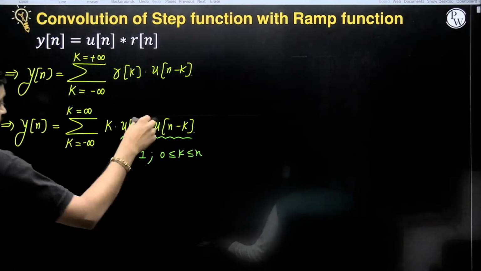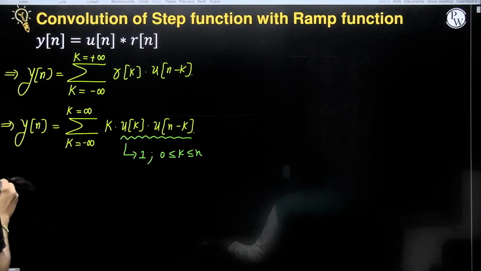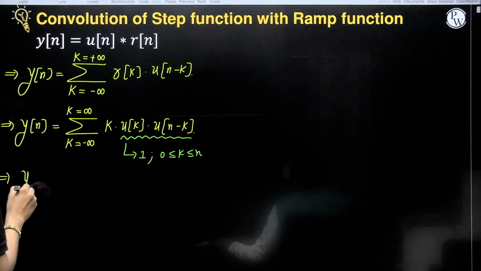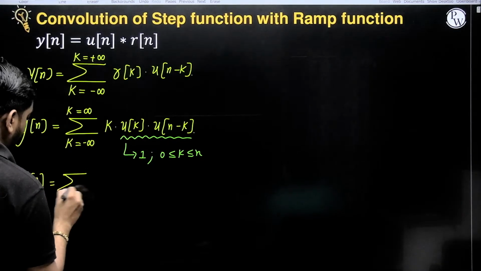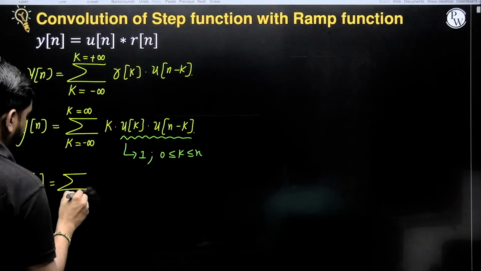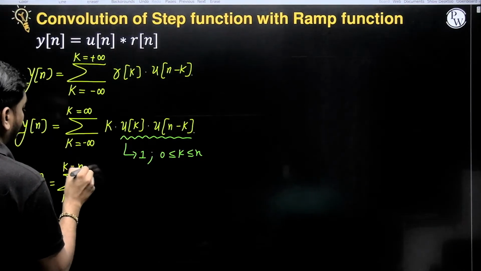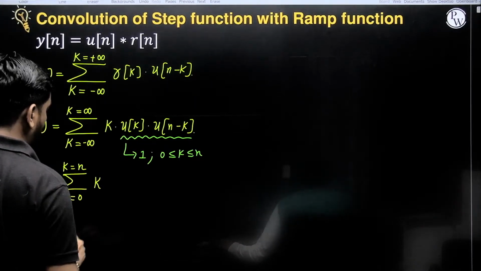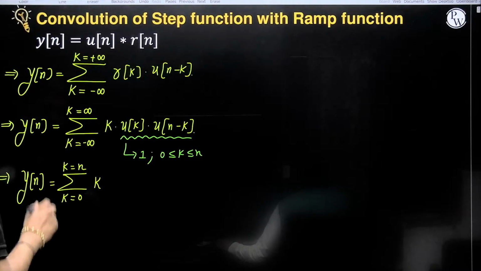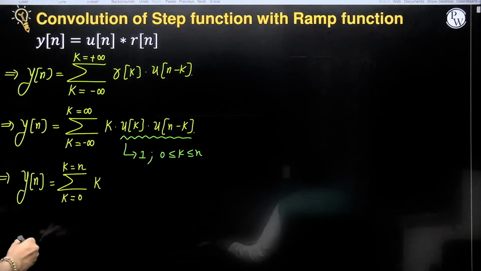If we replace these terms with 1, the limit of summation will be 0 to n only. So 0 plus 1 plus 2 plus 3 up to n.